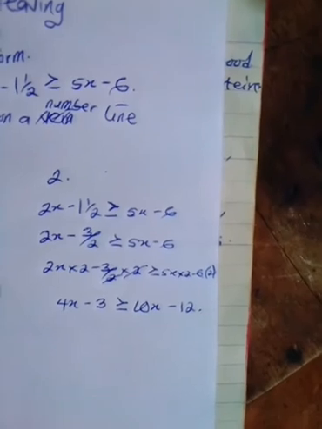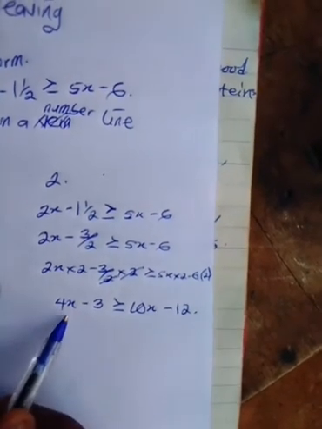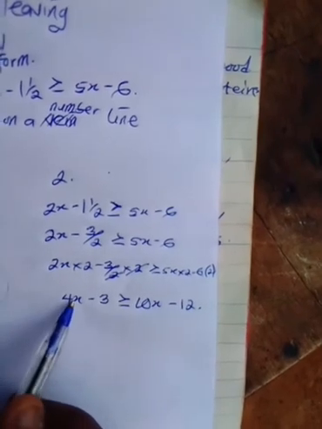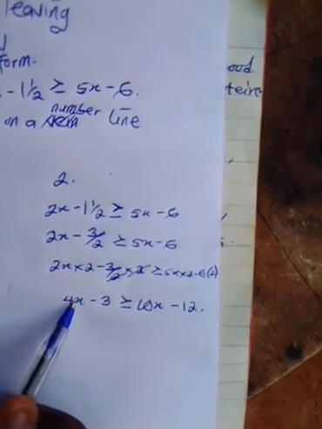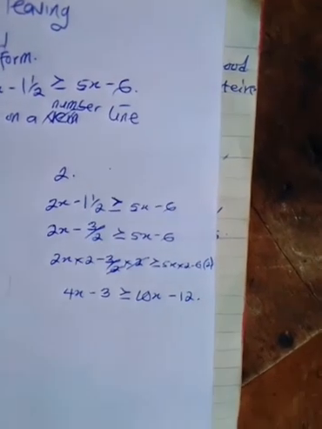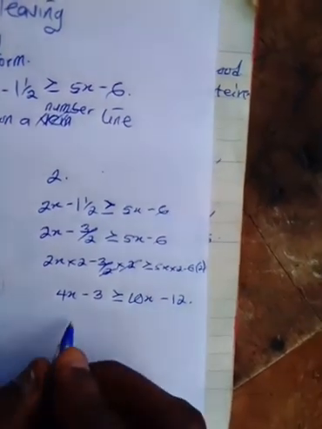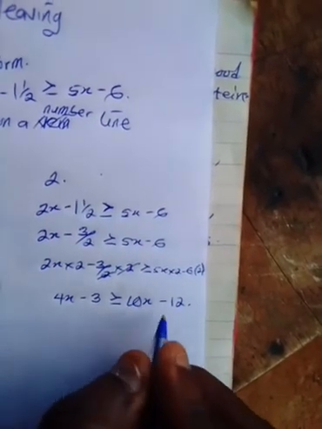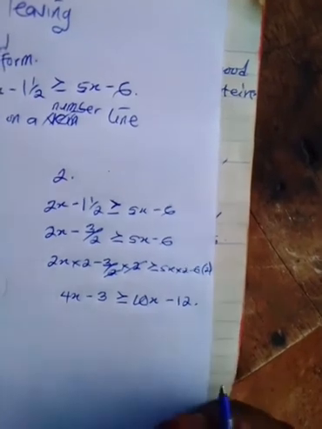So if I have this, what will I do? You have to always send the coefficient of x, which is smaller, to the bigger one. So what will I do? I will send this one here and bring the 12 across.